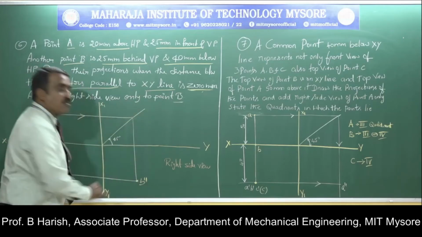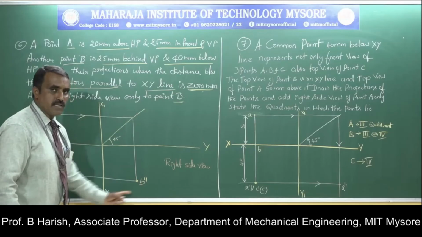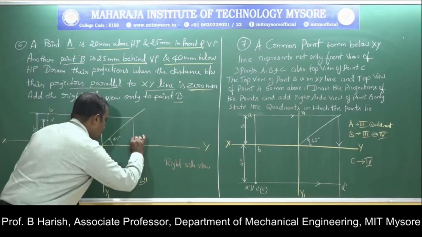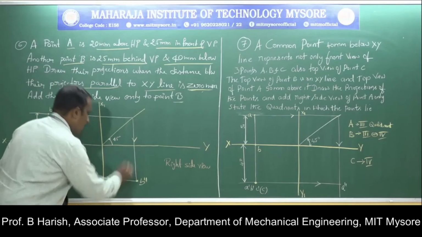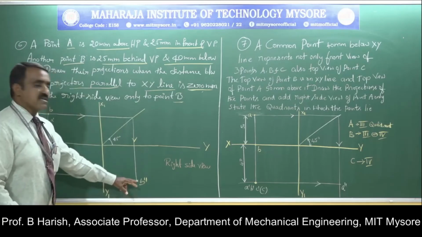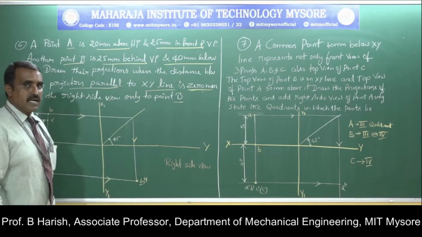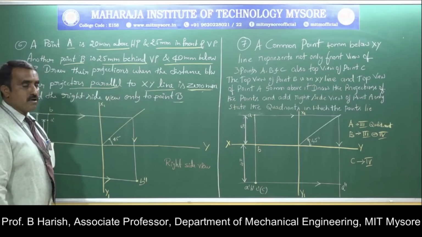Then move vertically down, because I know my profile view will be in this plane. Then start from your front view and draw a horizontal projector until it meets this vertical projector. That intersection point is B double dash, your profile view for point B only.